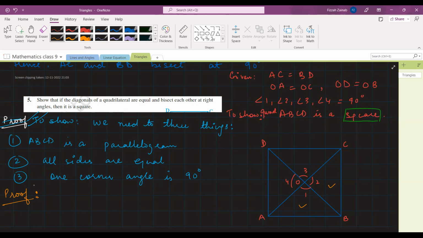Yes, ma'am. So in triangle AOB and triangle BOC, quickly, who will tell me what I can write here? Look at the given conditions very quickly.